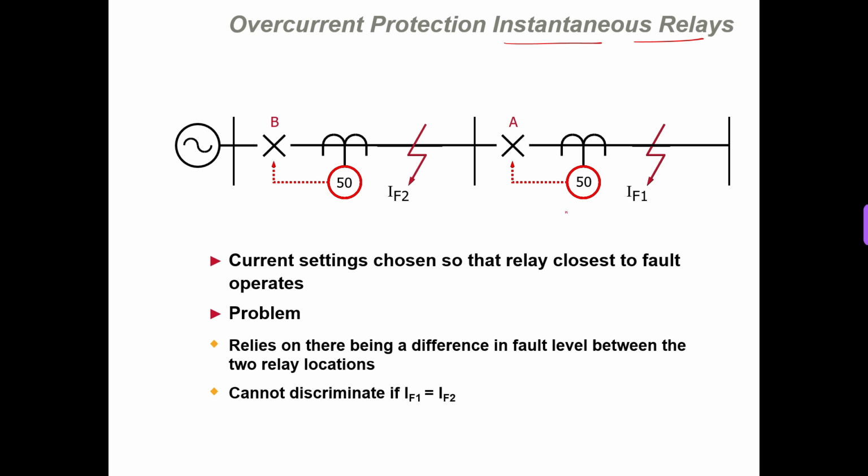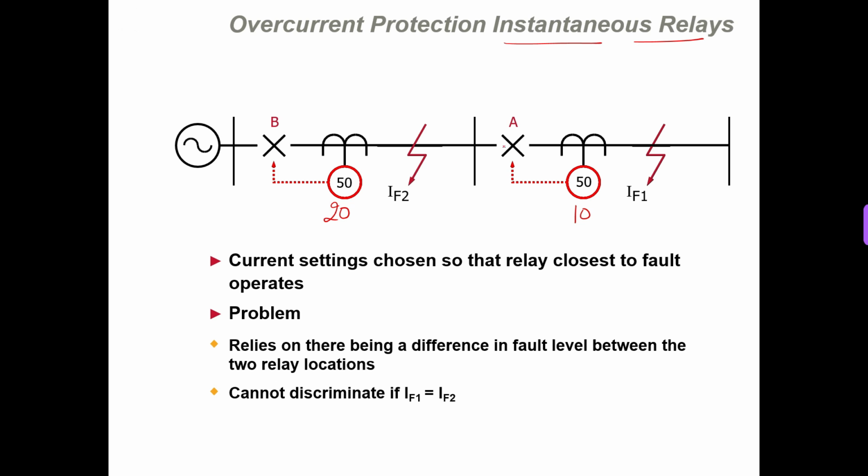So if suppose this relay operates at 10 ampere, we can set this relay to operate at 20 ampere. In that case, when my fault current IF1 is, suppose, 12 ampere, this relay A will operate instantaneously and isolate the faulty section. If the fault current IF2 is 22 ampere, this relay will operate.